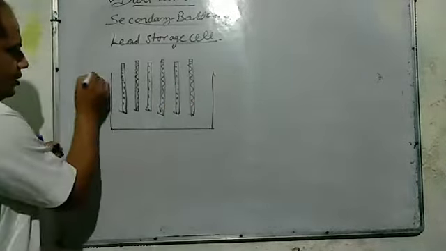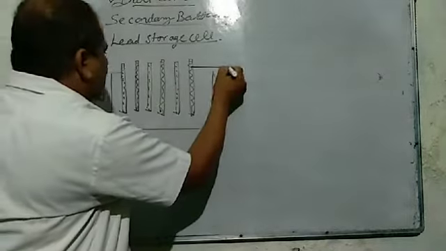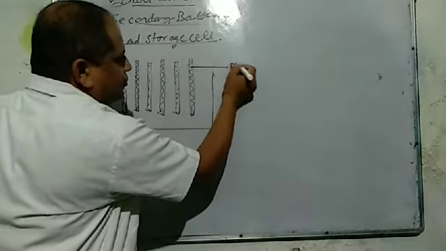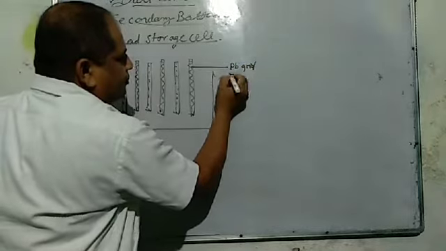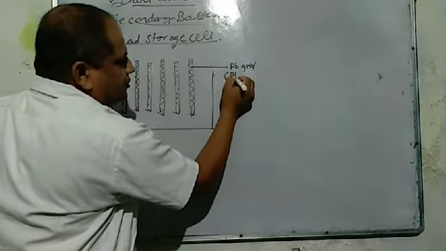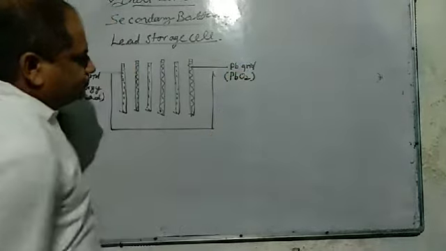Anodes are lead grids filled with spongy lead, means lead powder, and cathodes are also lead grids filled with PbO2.